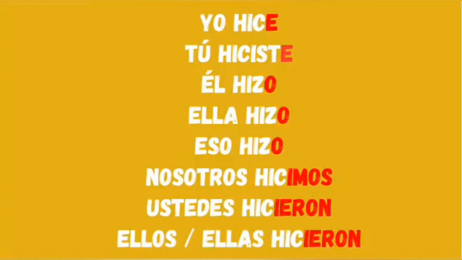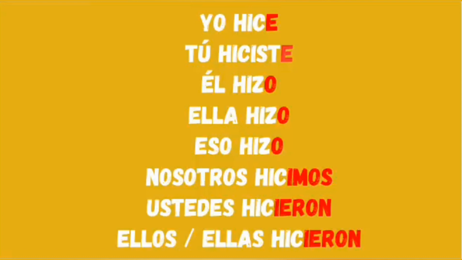In the second personal pronoun, it's just the same as in the third persons, as you can see. And also, it's changing in the other personal pronouns, but it's the same in the personal pronouns nosotros, we, ustedes, you in the plural form, ellos or ellas, they, and then it's the same, okay? Check that.